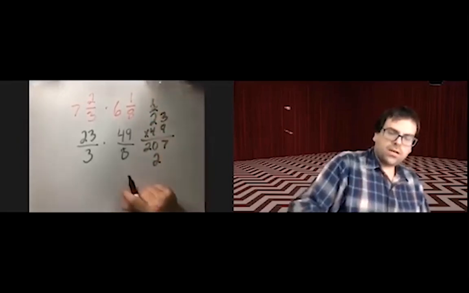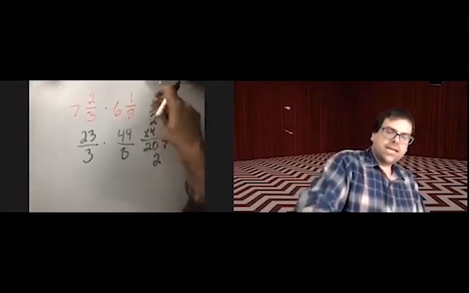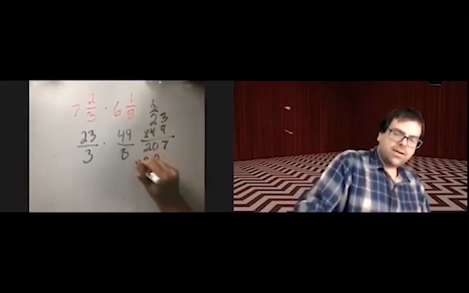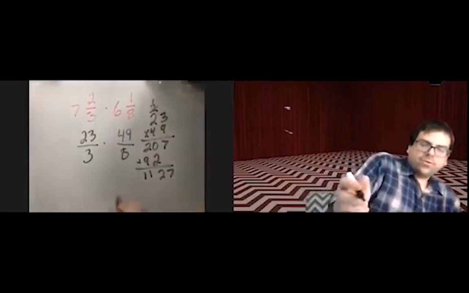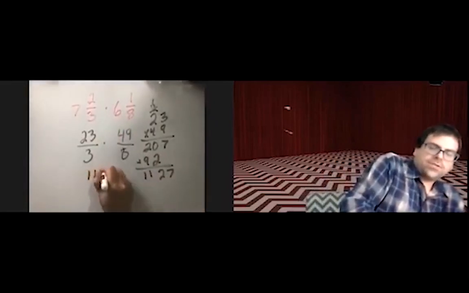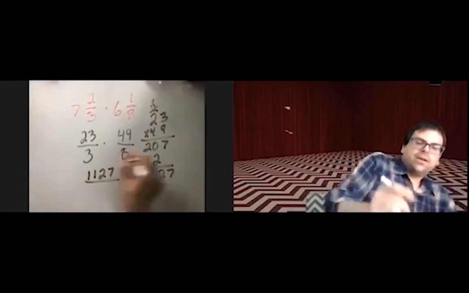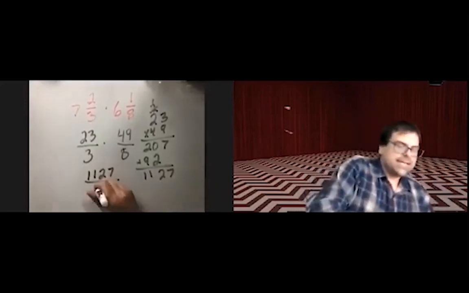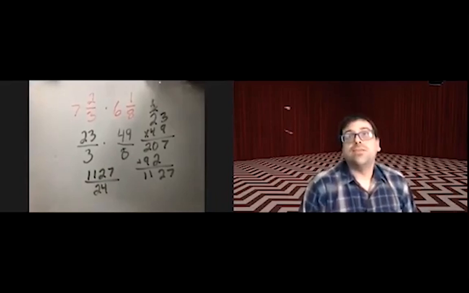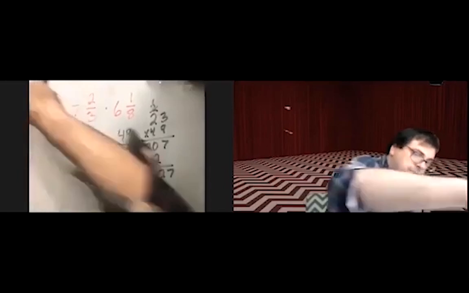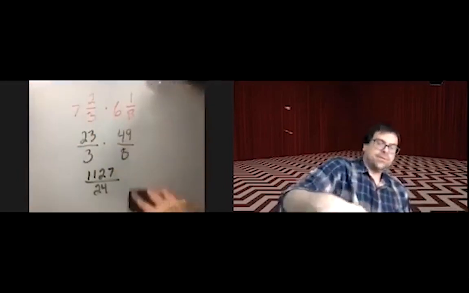Carry the 1. 4 times 2 is 8 plus 1 is 9. When we add, we get that 23 times 49 is 1,127 over 3 times 8 is 24. 1,127 over 24. We need to change back to a mixed number.